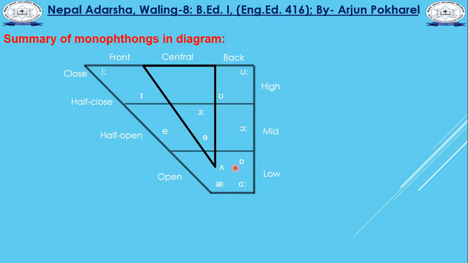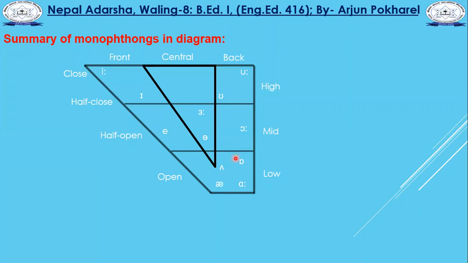Now what about rounded and unrounded? These four vowels are rounded vowels, and all other vowels are unrounded ones. That you have to remember.